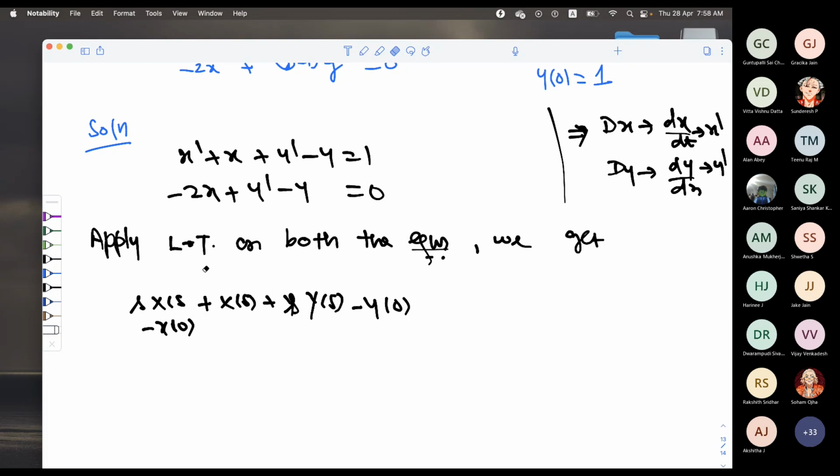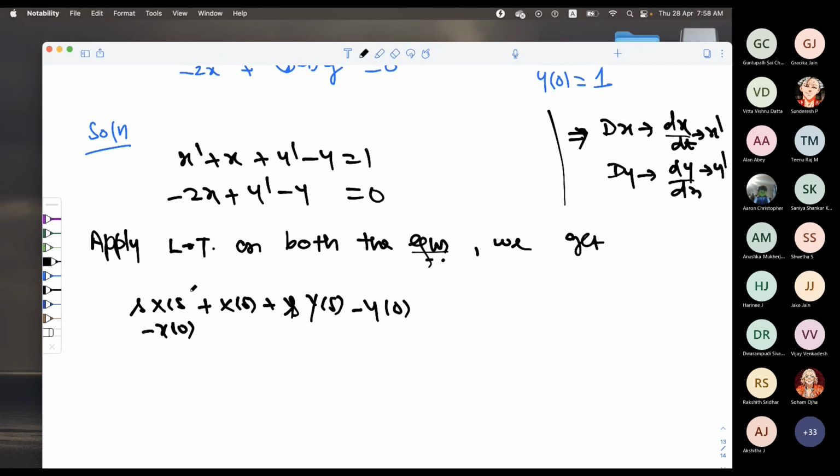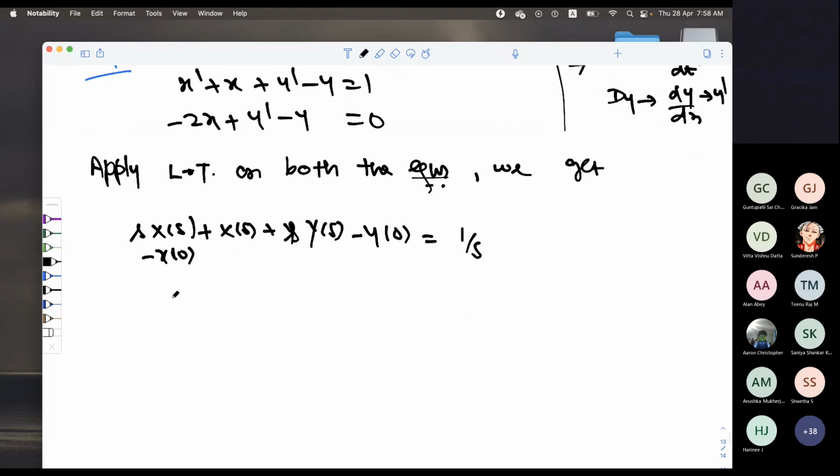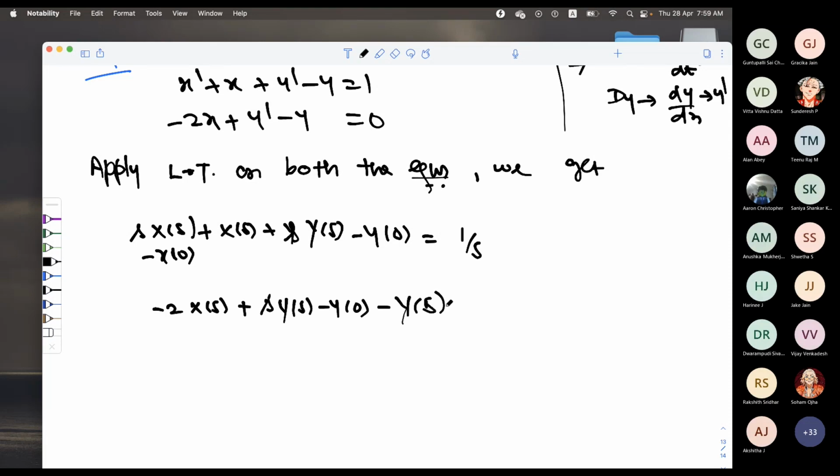Am I right? Yes, okay, minus y(0), which equals the Laplace of 1, which is 1/s. Now minus 2 times X(s) plus s times Y(s) minus y(0) minus Y(s) equals 0.